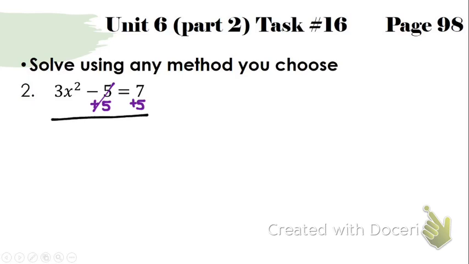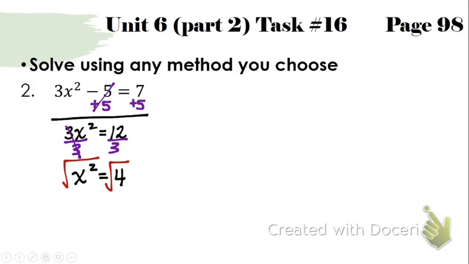Okay, what would I get after I add 5 to both sides? 3x squared equals 12. You can divide by 3. Divide both sides by 3. Yep, so I'd have x squared equals what? 4. X squared equals 4, and then you said square root each side. Then you get 2.